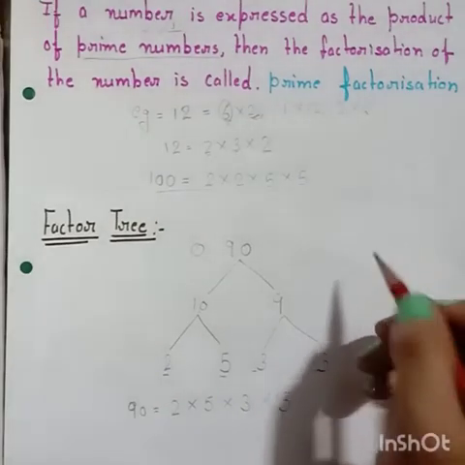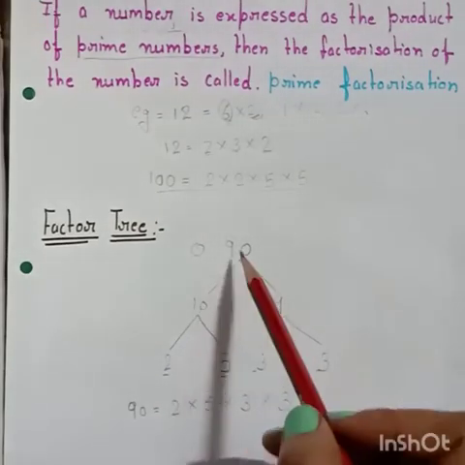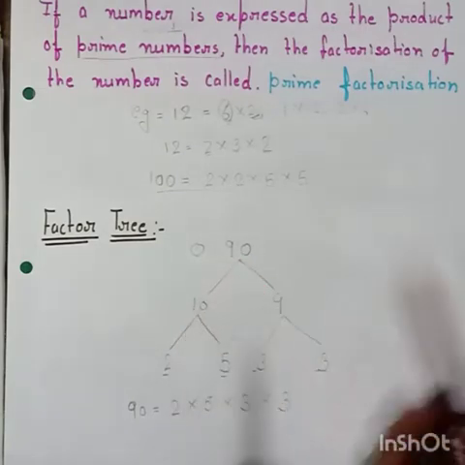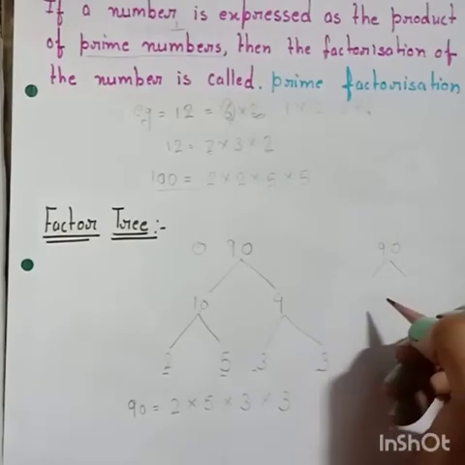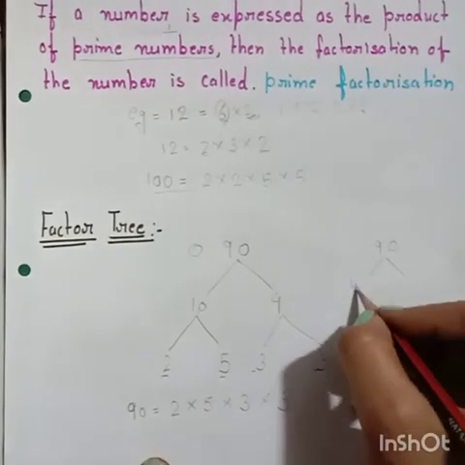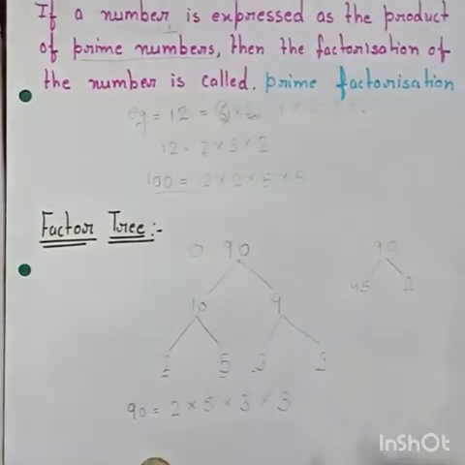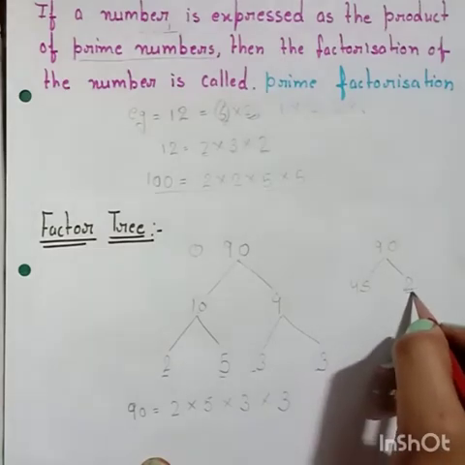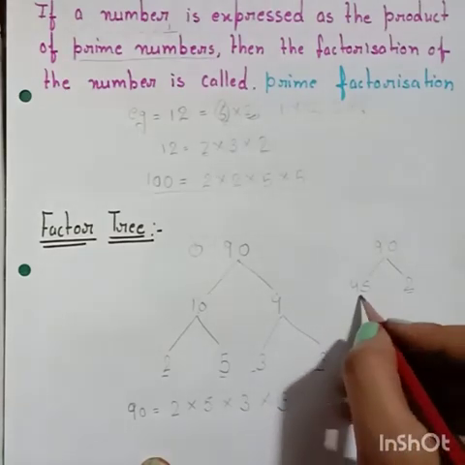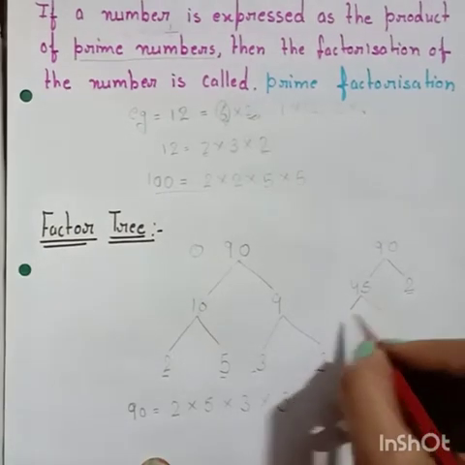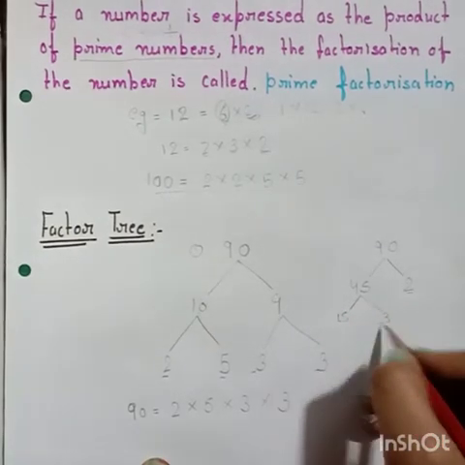Now see, it is not necessary to break 90 as 10 and 9. Suppose I break 90 as 45 twos. So 45 into 2 will also be 90. This 2 is a prime number, I cannot break it more. Then I go to this 45, which will be 15 threes are 45.